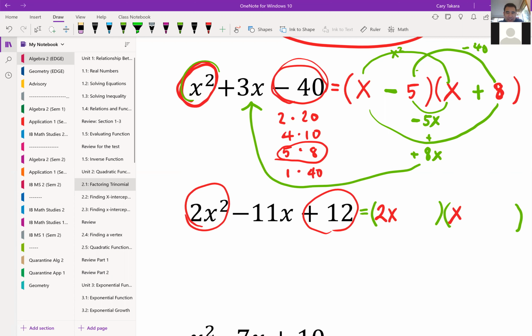Because this number times this number should give you positive 12, okay? So let's think about this. What times what gives 12? Let's list them out. 1 times 12, 2 times 6, and 3 times 4, right?